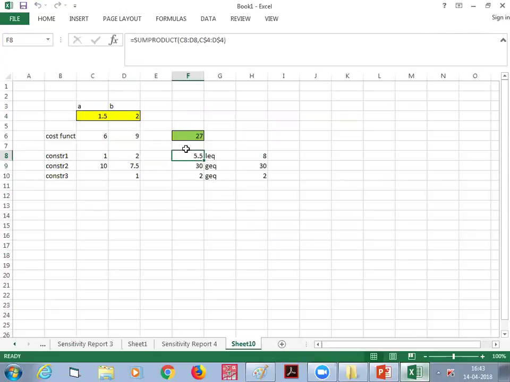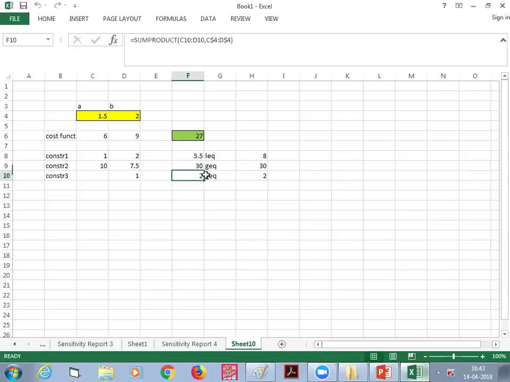So the left-hand side is how much of the resource is used, right-hand side is how much is available, right? So in this case, this is not binding. We're not using up all the resource. Whereas here, these two constraints are binding, right? 10 into 1.5 plus 7.5 into 2 gives us 30 here, which is equal to 30 here.